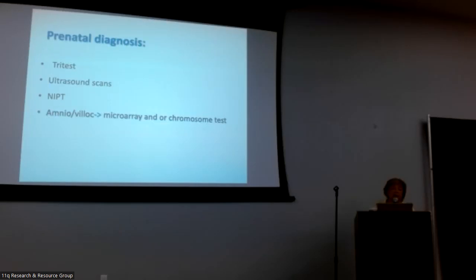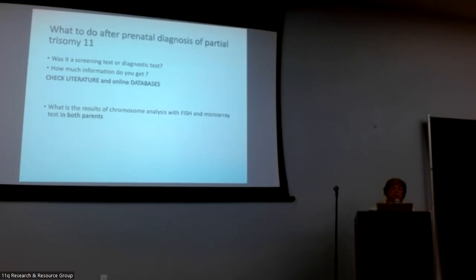Let's take a prenatal diagnosis with a diagnosis of duplication 11q. It's important to know that the diagnosis has been made by microarray and/or chromosome test. Of course, these are only screening tests, but microarray is the only acceptable test for the diagnosis.